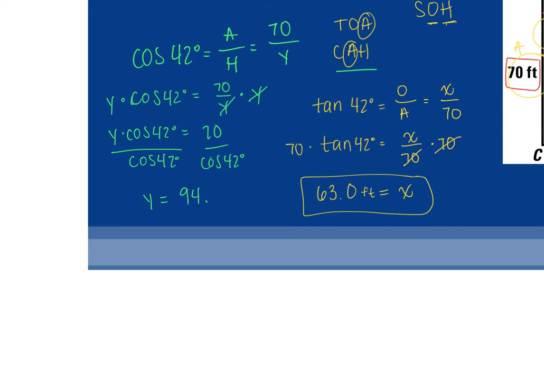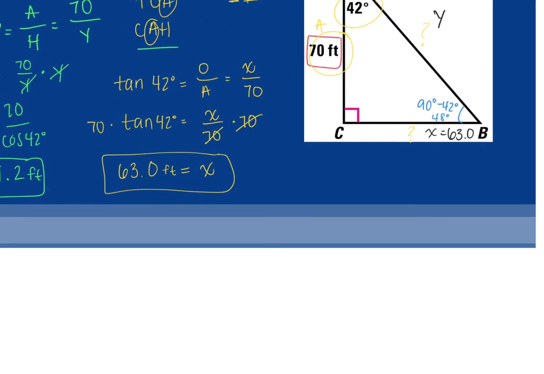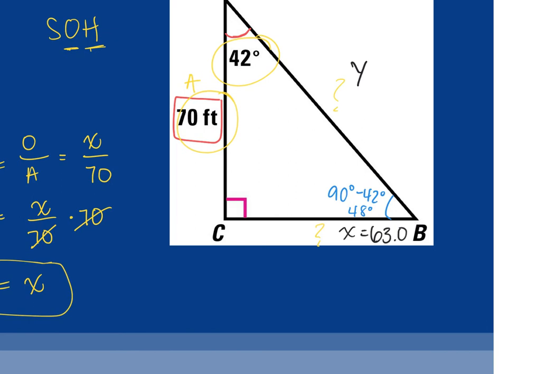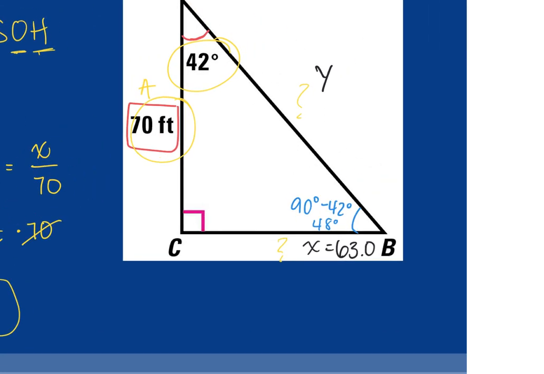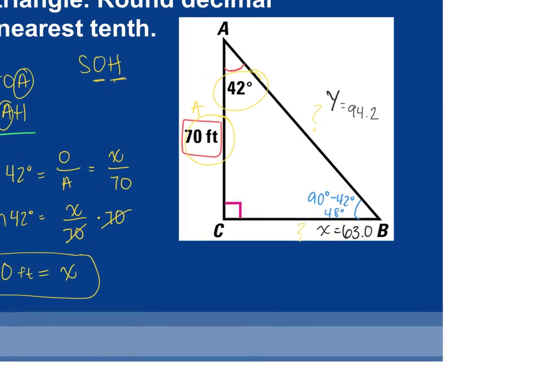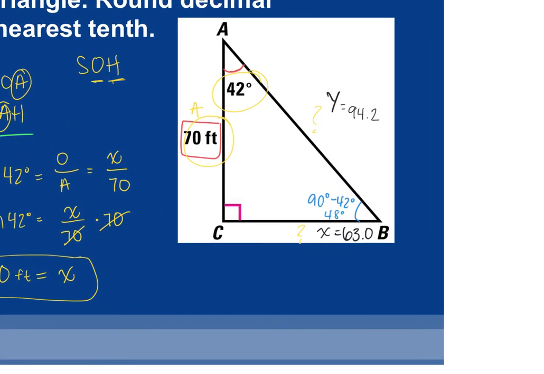Since we're rounding to the tenth, it's going to be 94.2, and that is also feet. So we found that angle B, just by using the angle that was already given, was 42 degrees, and now we finally found that the final side, the hypotenuse, is 94.2. So we would say that we have completely solved this right triangle.